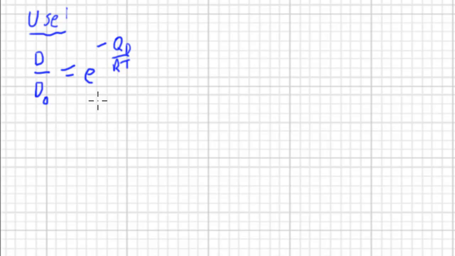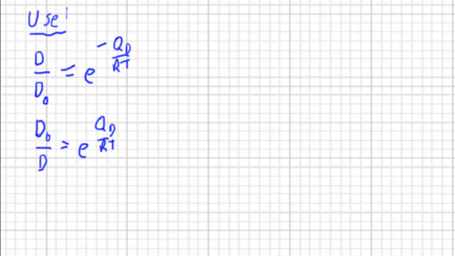Understanding our exponent laws, this negative simply means the inverse of this entire term. So I can take the inverse of both sides, so this also works: pre-exponential over the diffusion coefficient equals e to the QD over RT. Now I can use either of these. We can rearrange things as needed.